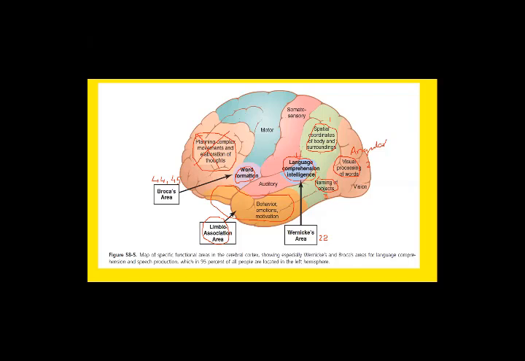It is known as the limbic association area because it is concerned with the emotions and behavior of the individual. So it controls the behavior, it controls the emotions and the motivational aspects of the individual. All these functions are performed by the limbic association area.